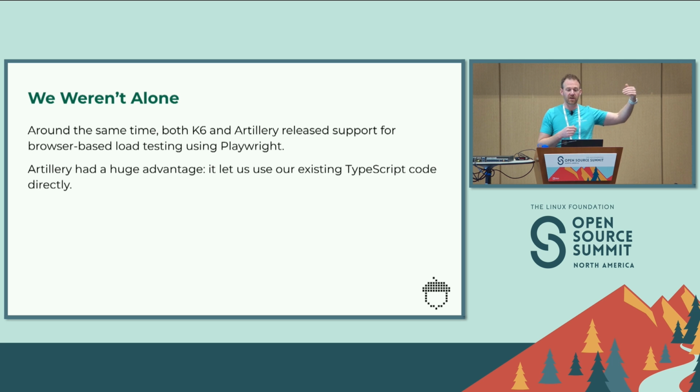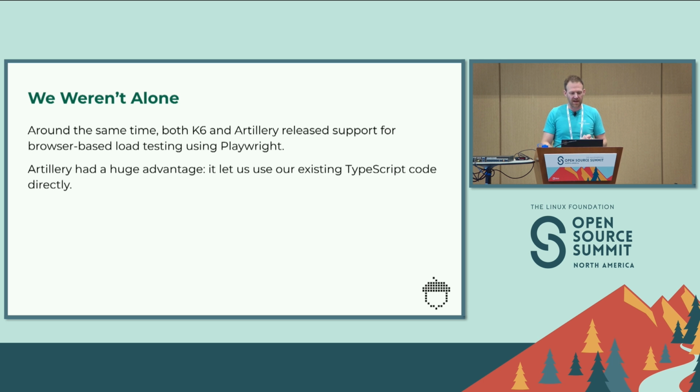K6 compiled down to Go code, and consequently, the APIs behind that were different from the traditional Playwright code that we were writing, whereas Artillery was a JavaScript-based tool that would share the same APIs. So this was a clear choice for us. We had to go with Artillery because it allowed us to reuse that same exact code.